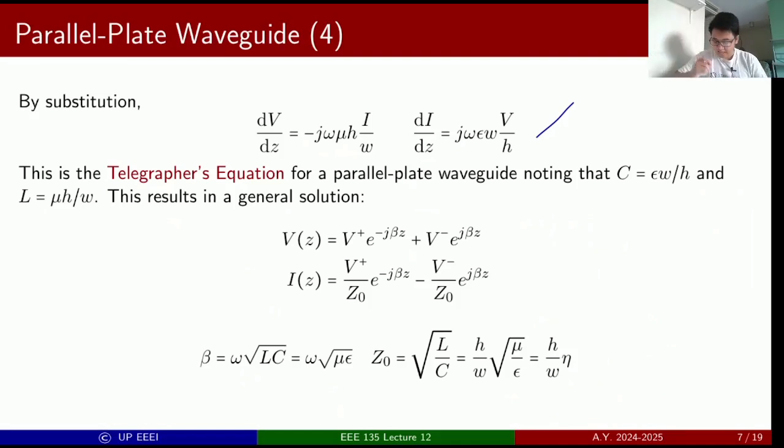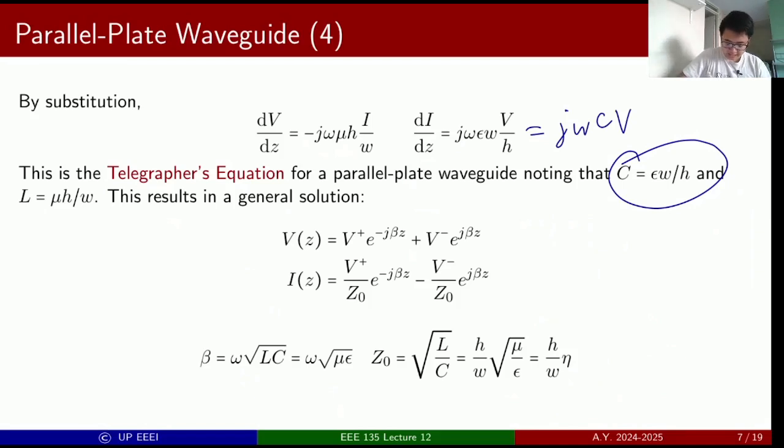So noting that C is equal to epsilon W over H, this term becomes J omega C V. And noting that L is mu H over W, then this becomes negative J omega L I. There you go.